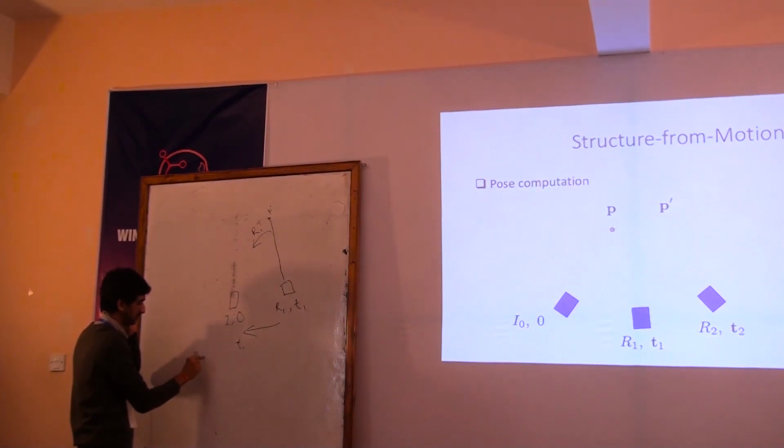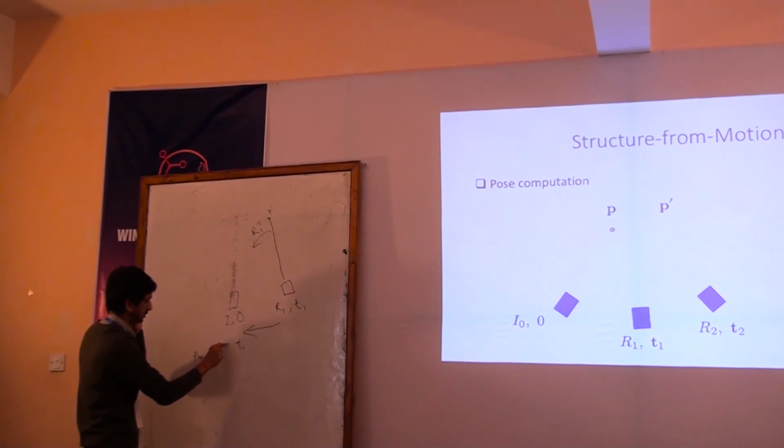So what you do is P new equals R transpose times P prime minus T1.